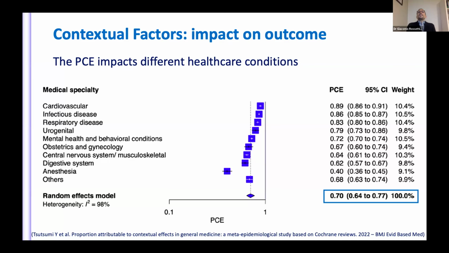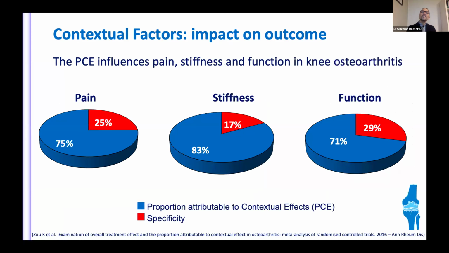Taken together, I think these findings are really interesting because they shed light on the complexity of the phenomenon we are observing and that mirrors every day the clinical practice. Analyzing specifically musculoskeletal conditions such as osteoarthritis of the knee, we note that the proportion attributable to contextual effects impacts different therapeutic outcomes.